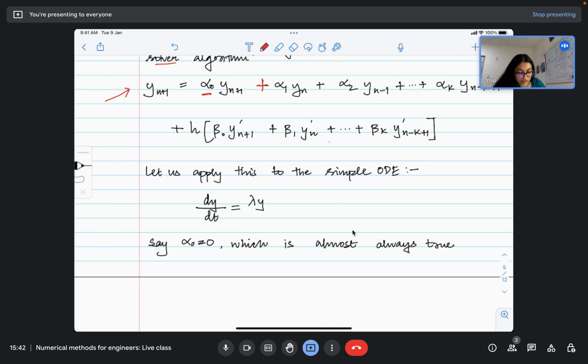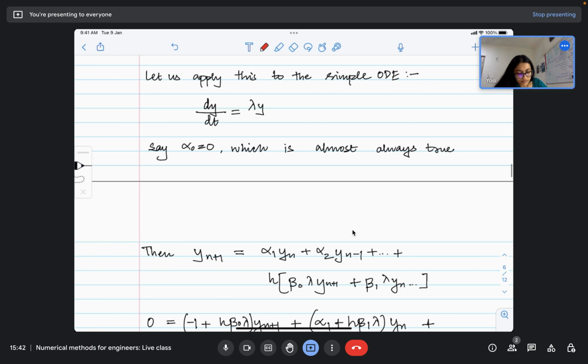Just notice here that these y's are decreasing: yn plus 1, yn, then yn minus 1, and so on. And particular numbers, alpha 0, alpha 1, alpha 2, up to alpha k, have been multiplied with the y's over here, plus the time step h times beta 0, beta 1, up to beta k, which have been multiplied with the function values, these y dashes: y dash n plus 1, y dash n, and so on and so forth. Okay.